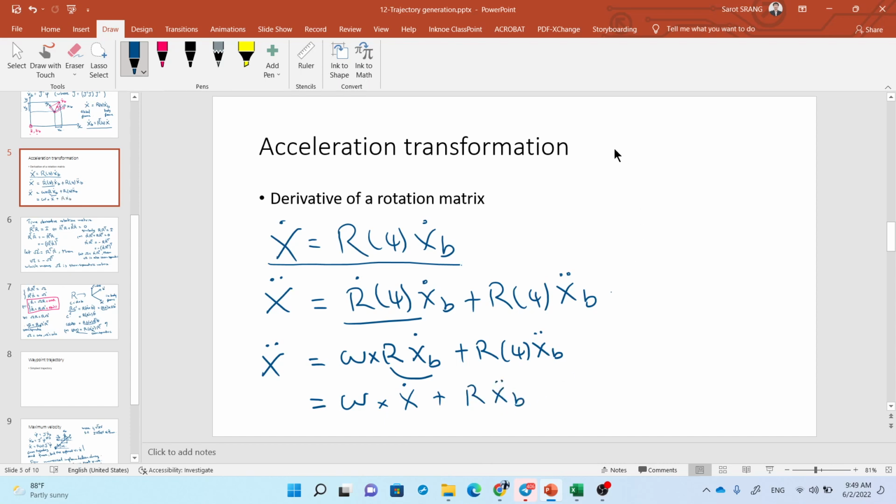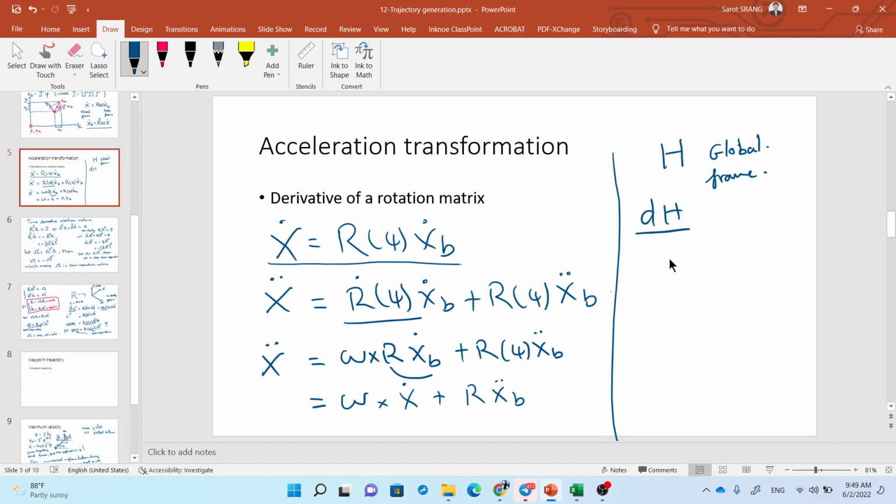Many times you can see that if you have a vector in the global frame, and you want to find the time derivative of this vector, let's say this one equal to J omega, for example, you take the time derivative, you use J omega dot and then plus omega cross this vector.